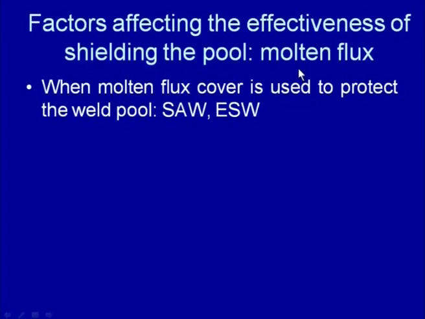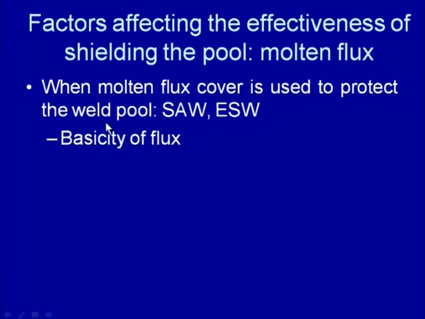The factors that affect the effectiveness of the method used for protecting the weld pool using molten flux. This approach is used in the submerged arc welding process and the electro slag welding process, and the factors associated with these include the basicity of the flux.